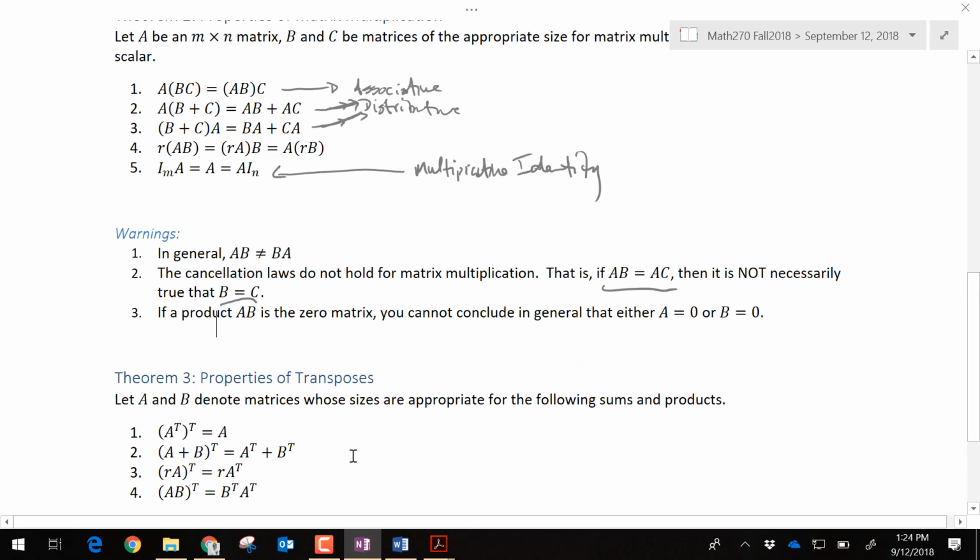Did we talk about transposes? A transpose is switching the rows and the columns of a matrix.